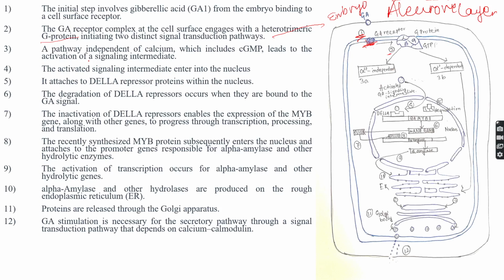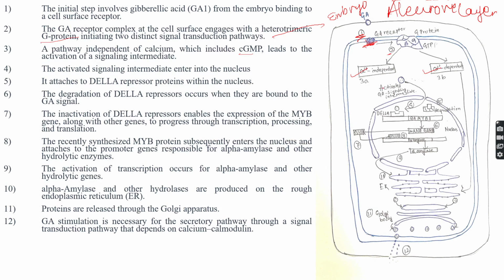So in the third step, the pathway independent of calcium, which includes cGMP, leads to the activation of signaling molecules. After activation of G protein, there will be two pathways. One is calcium dependent and another is calcium independent.